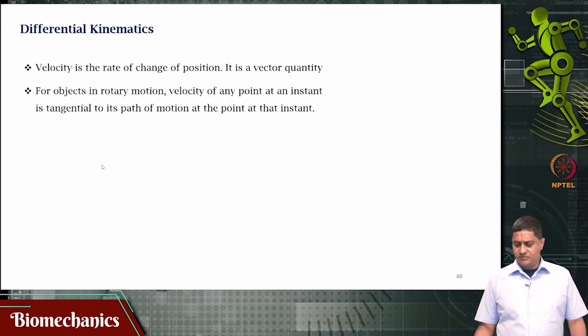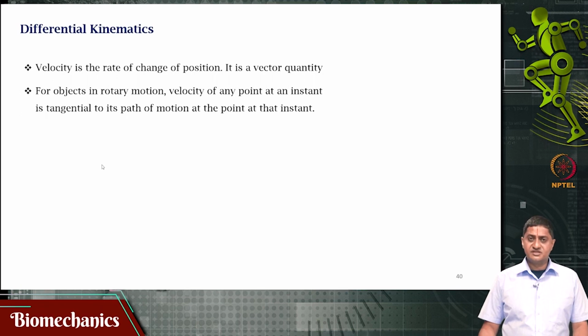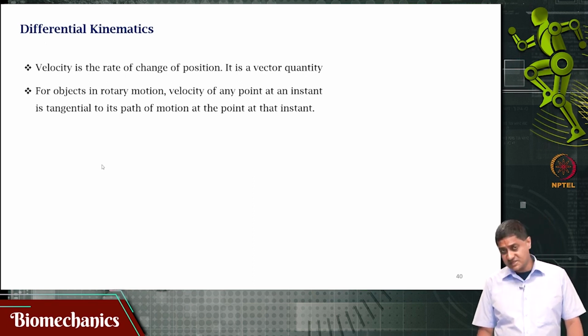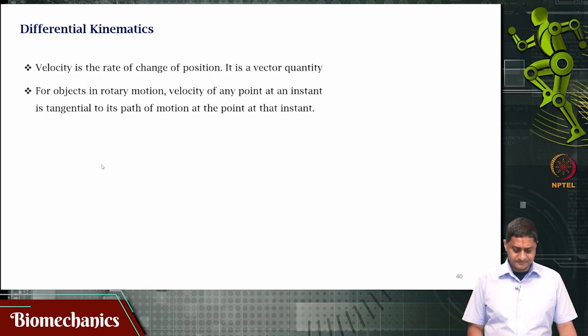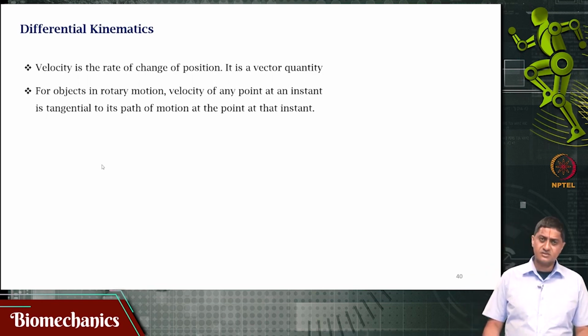So, what we know about velocity from high school physics still holds. Velocity is the time rate of change of displacement or position. Displacement is a vector, velocity is the time rate of change of displacement, and it is a vector quantity.